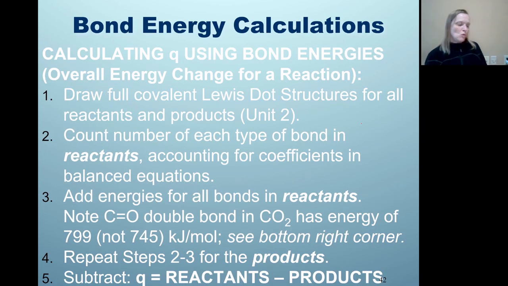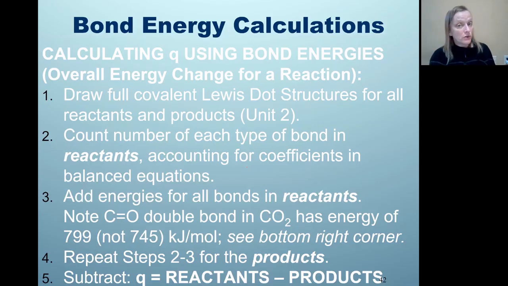So, if you want to calculate overall Q values for a reaction, you can do this using bond energies. And here's the step-by-step procedure. First of all, you have to draw full covalent Lewis dot structures for all the reactants and all the products in the chemical reaction.